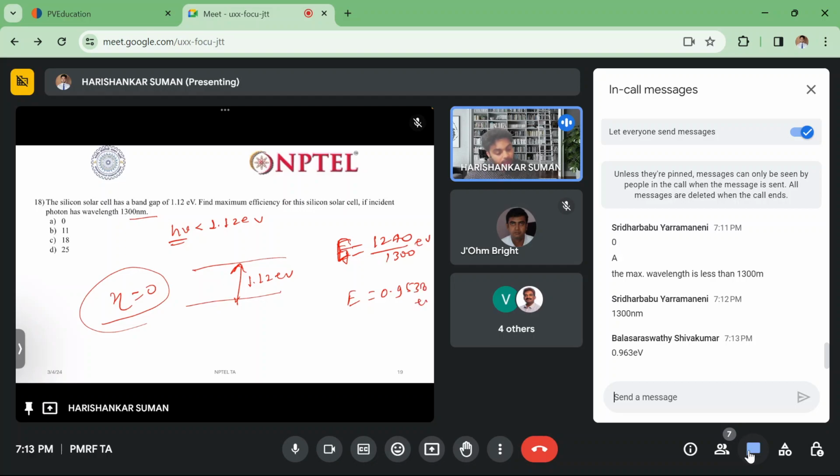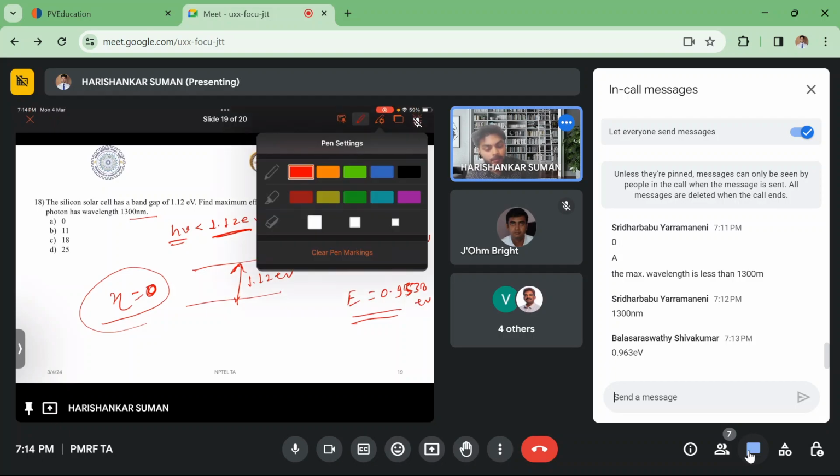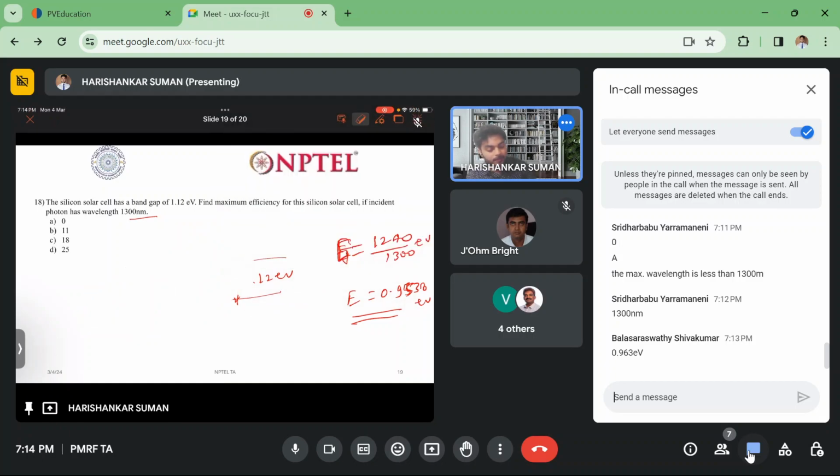It is 0.9538 electron volt. The incident photon has energy 0.953, but our material has band gap 1.1, so the material cannot absorb this light. If the material doesn't absorb, it gives no efficiency, no electron hole pairs, no excitons. Okay, so the answer is 0.